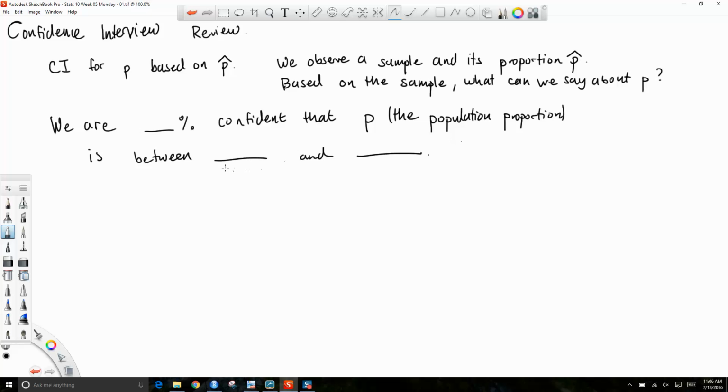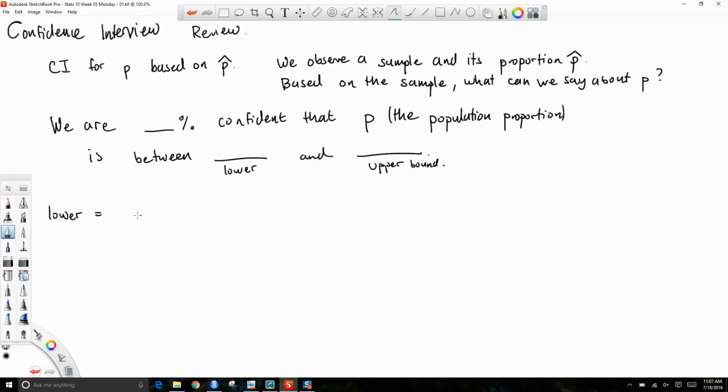Okay, so this is our lower bound and our upper bound. So that's the statement that we end up making. We say, we're blank percent confident that p, the population proportion of whatever we're talking about, is between blank and blank.